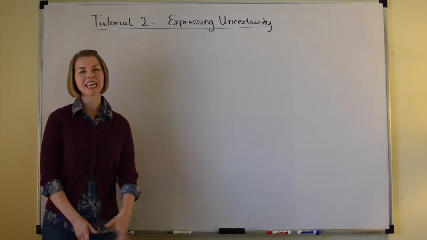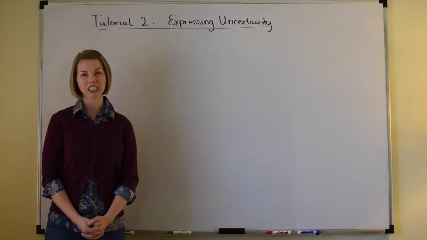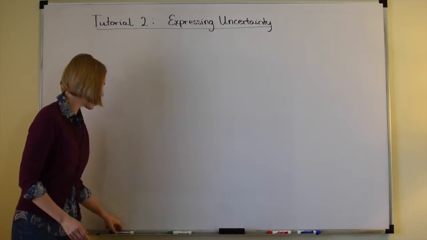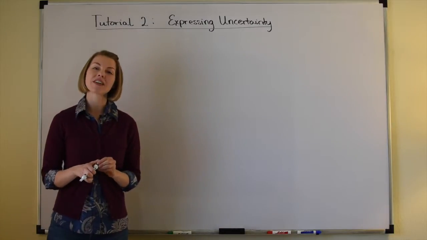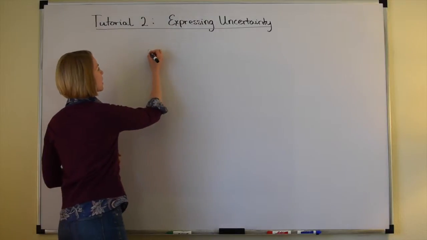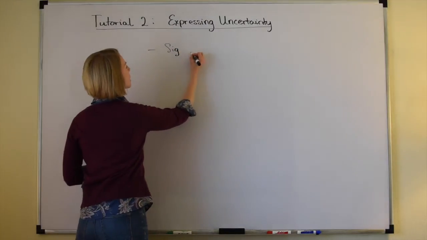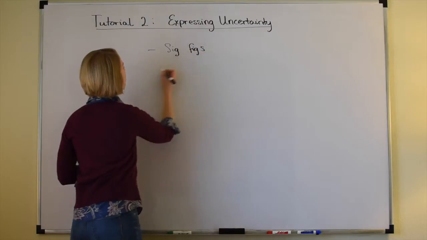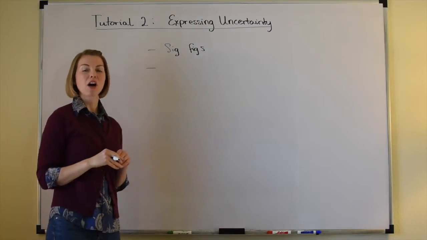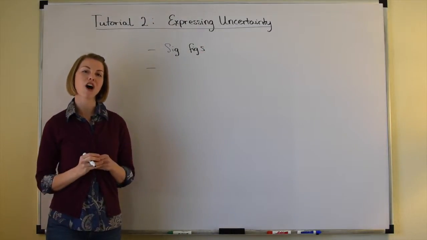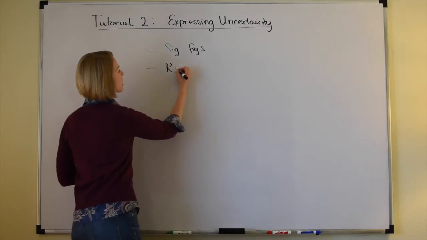Our topic today is expressing uncertainty. More specifically, we're going to be covering significant figures. I'll write up here sig figs. We will talk about how to round numbers off. So I'll write up here rounding.